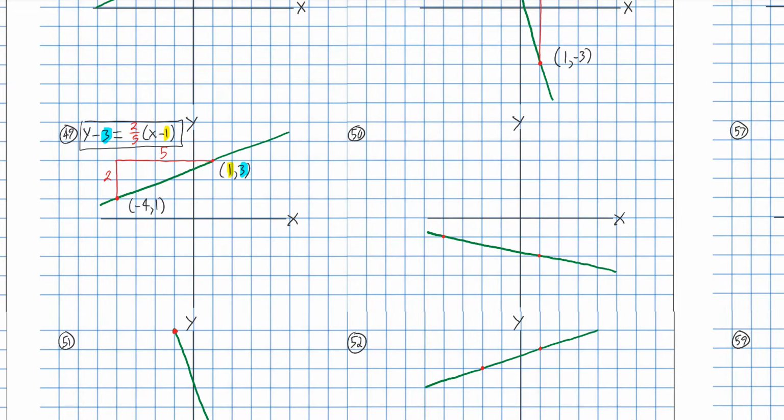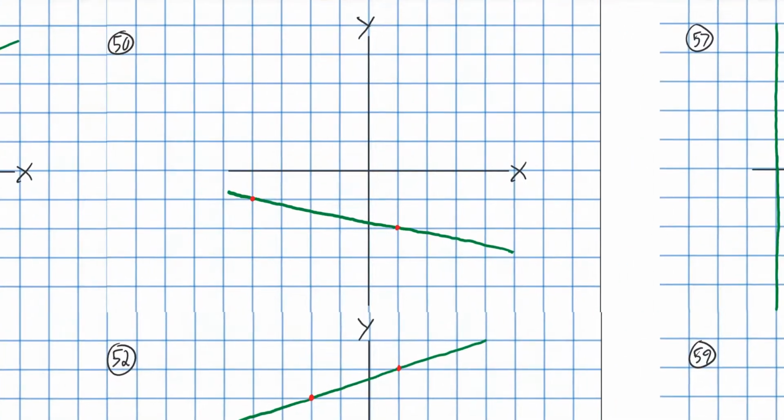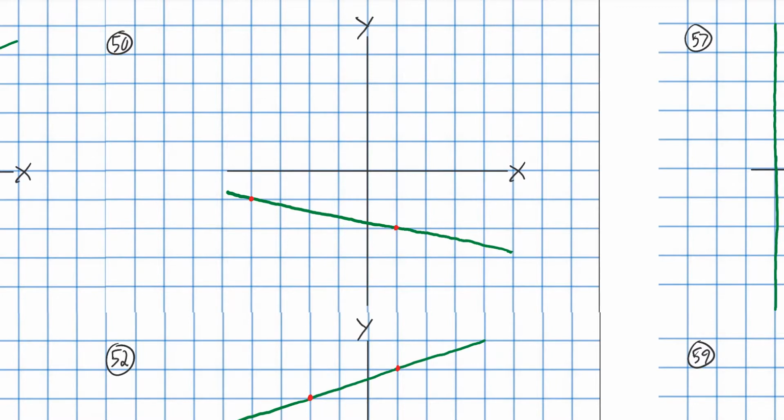All right, we're back. So I'm going to find the slope first. So we have 1 and 5, and I guess I can make that a -1 because it's going down. And this point will be -4, -1.